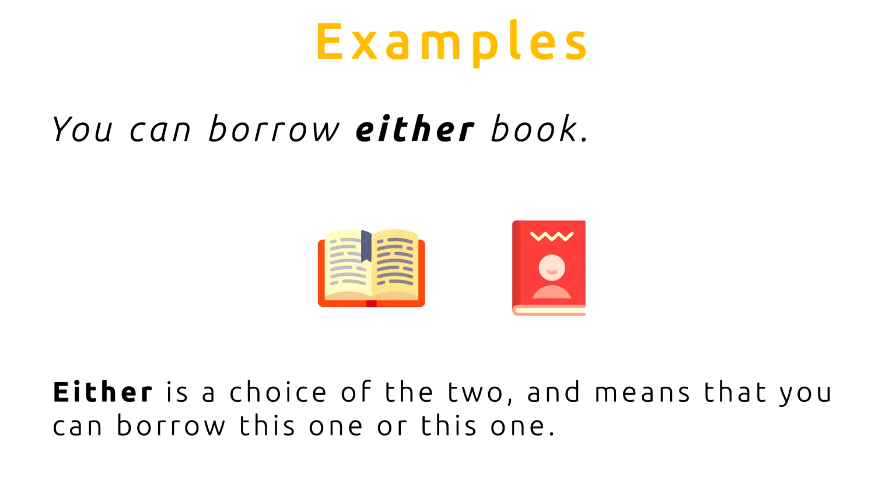Again, either is to talk about two things or two people. This time we're talking about a choice between two things. You can choose this one or this one. Not both. This one or this one. Either. So either means a choice. Just choose one. This one or this one.